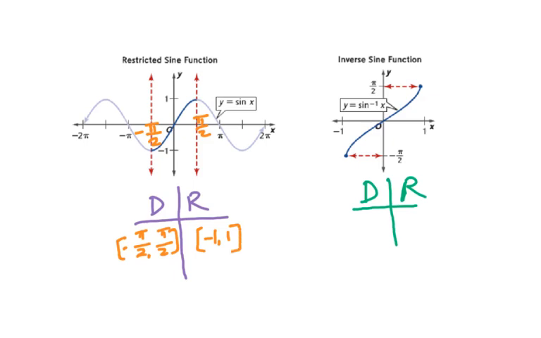Because only when the domain is restricted like this will the sine function be a one-to-one function, therefore we have an inverse sine function. For the inverse sine function, we switch the domain and the range. The domain will be between -1 and 1, and the range will be between -pi/2 and pi/2.